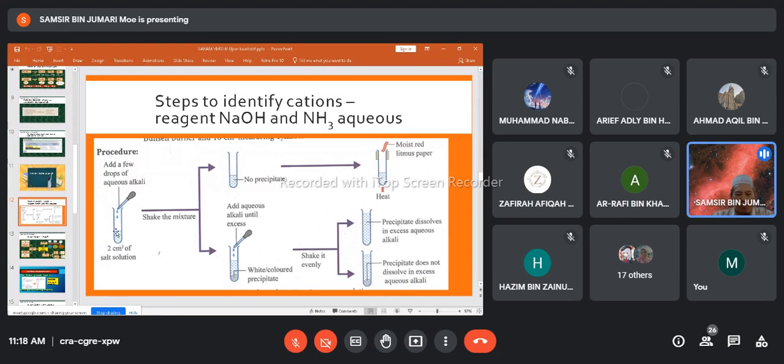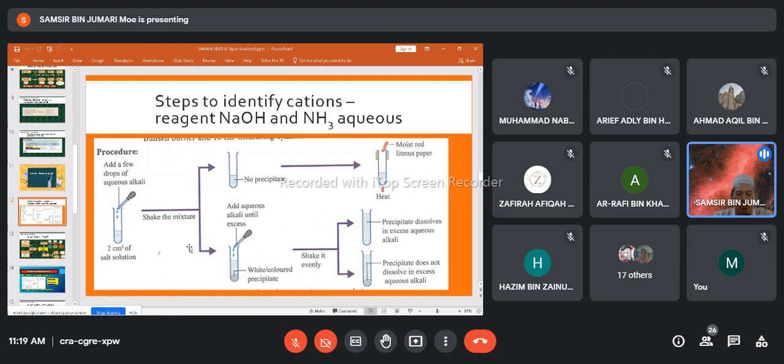Okay, the first one, we use the sodium hydroxide solution with the molarity 2.0 mole per cubic decimeter. Okay, and it's added little by little until excess of the sodium hydroxide solution.